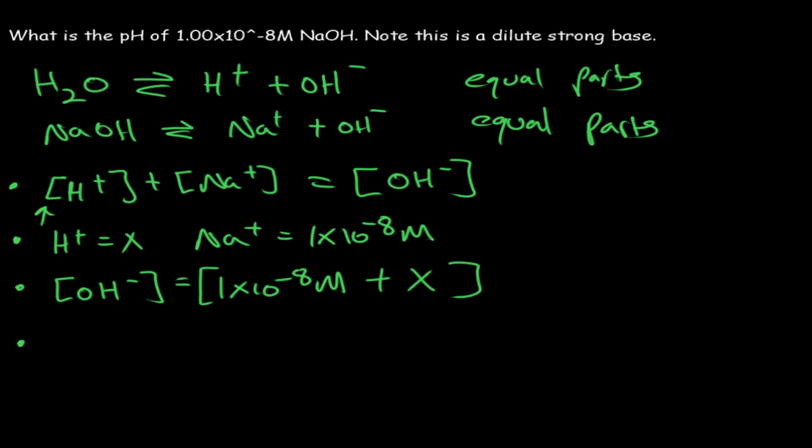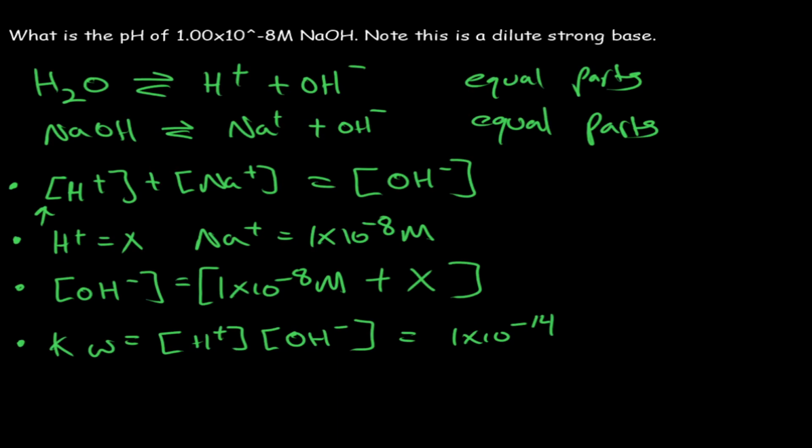So now what do we do? Well, we know a relationship that can correlate H+ and OH−. That's our Kw. Kw is equal to the concentration of our protons multiplied by the concentration of our hydroxides, and this will equal 1 × 10⁻¹⁴. So what are our H+ and OH− values?